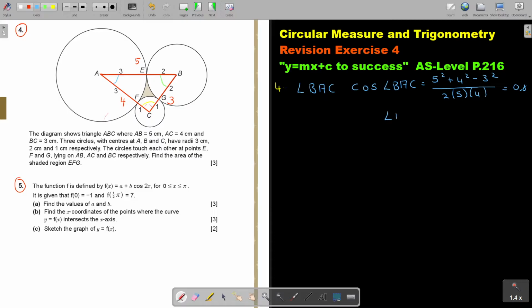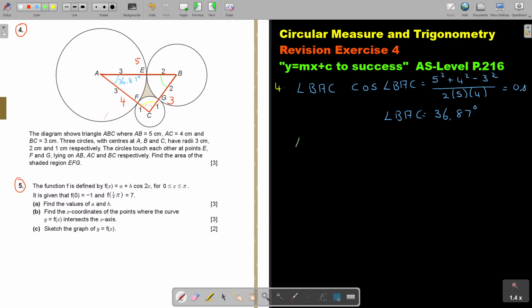So angle BAC, to 2 decimal places, is 36.87 degrees.